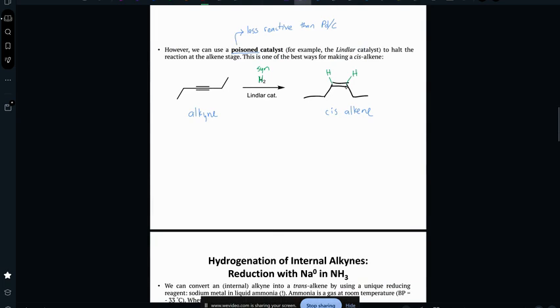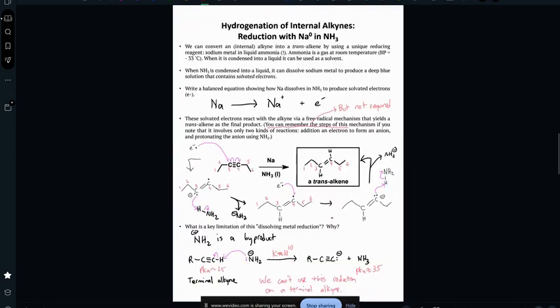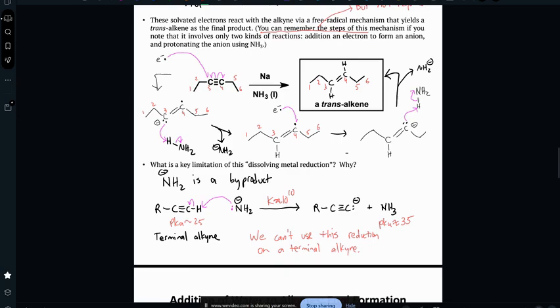So this would work as well with a terminal alkyne. That works with both terminal and internal alkynes. This second one only works with internal alkynes.